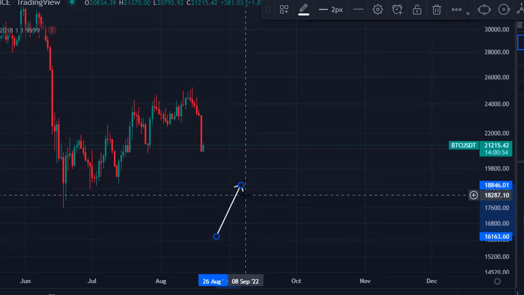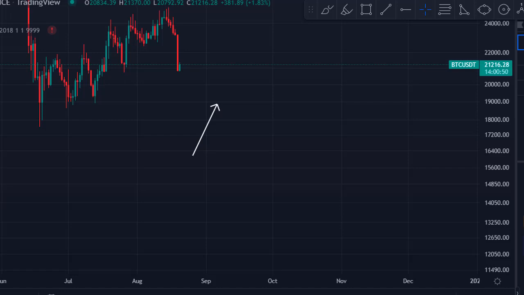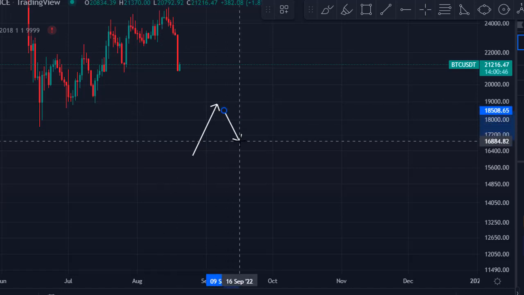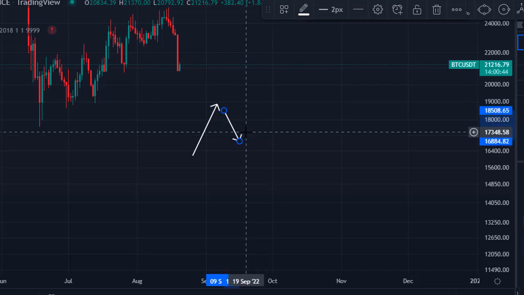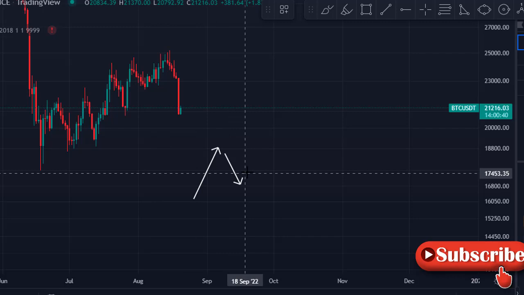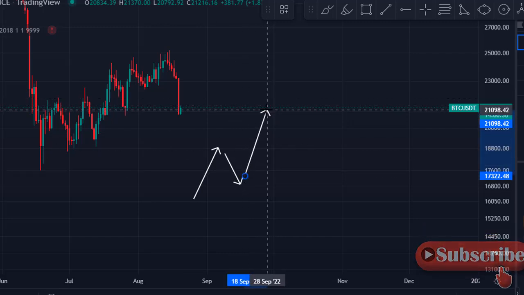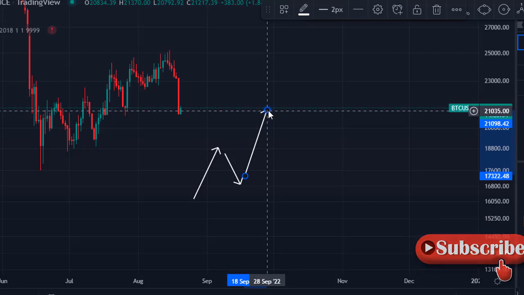That is the essence of an uptrend. It's pretty simple: a push up, a small retracement, and a push up higher. You could call this a 1-2-3 move.